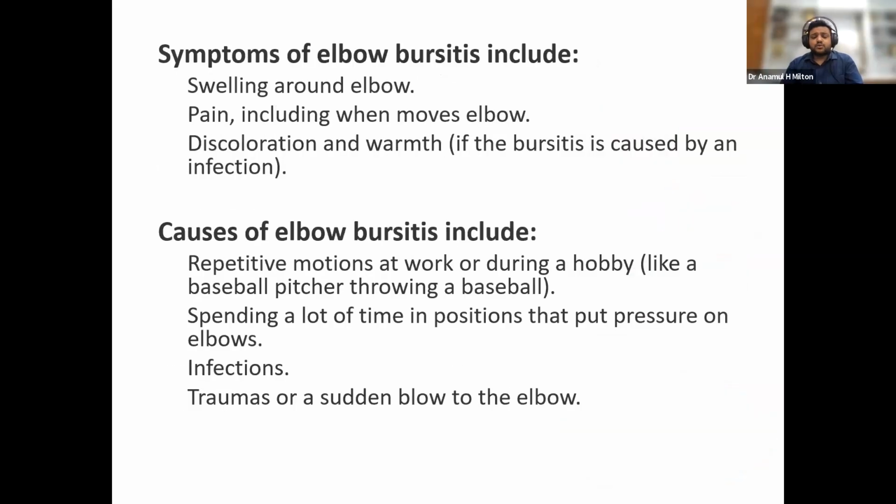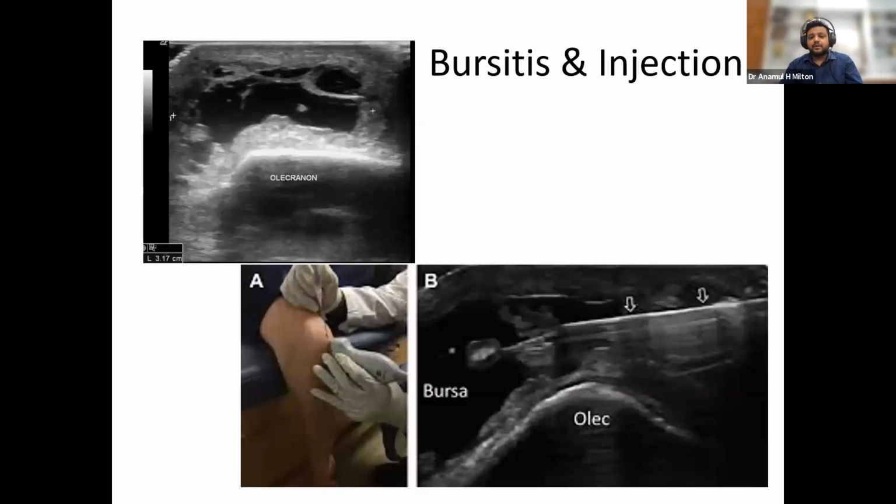There is swelling and pain, and if there is inflammation, you can feel warmth. If there is any infection, there is warmth and also redness over the skin, because it is very superficial, and repeated movement is a cause. Another cause is infection, trauma, and sometimes pressure over the elbow on a hard surface, which may cause bursitis also.